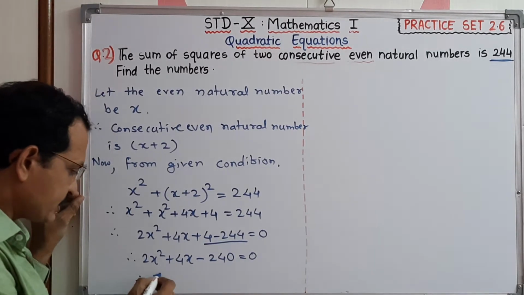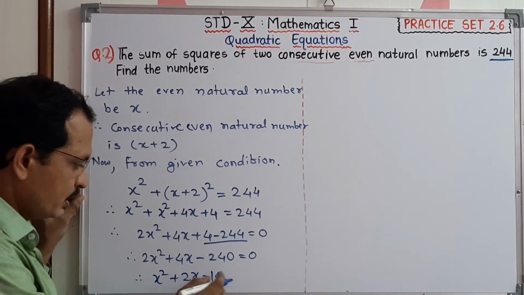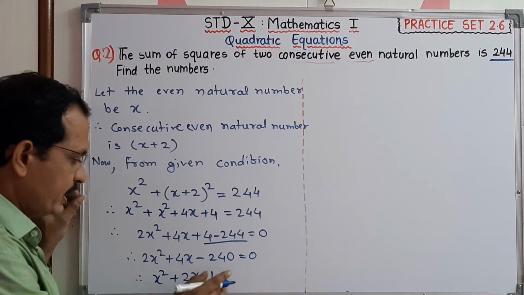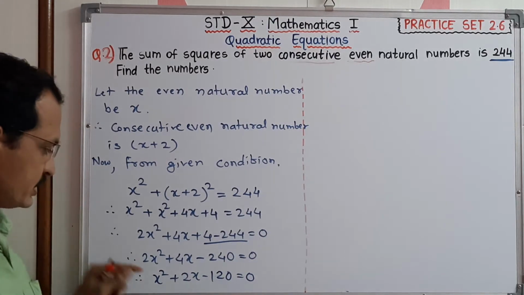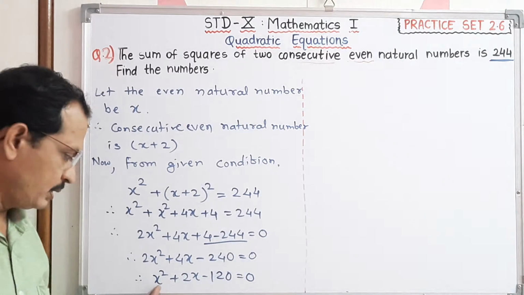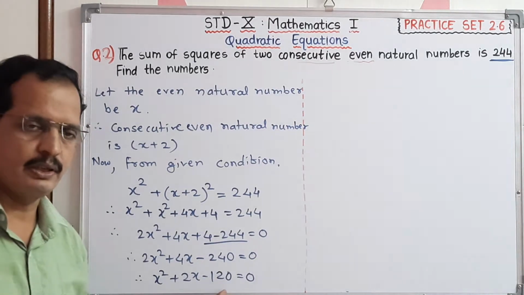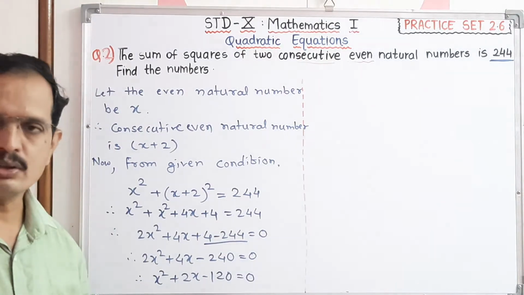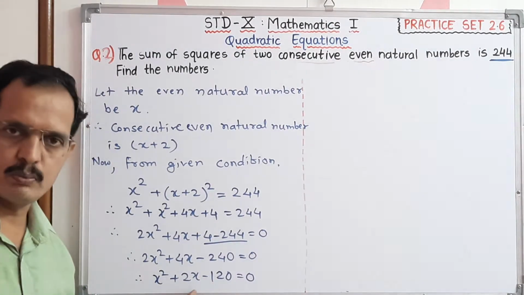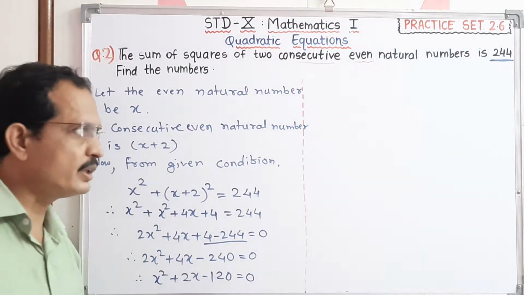We get here x square plus 2x minus 120 is equal to 0. Now this is our final quadratic equation, x square plus 2x minus 120. Now we have to use the factorization method to find out the value of this x. We have to find out the factors of this minus 120.